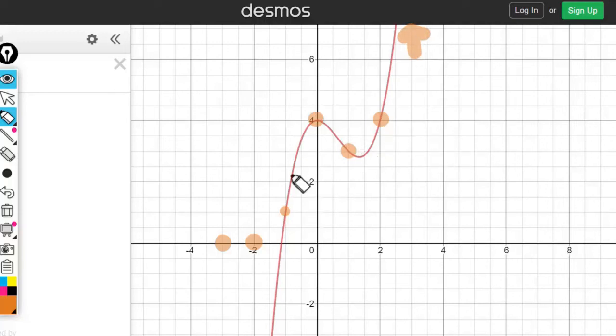So those values have given us a good idea of the key part of this function. The key part of the cubic function is where we have this whoop-de-doo in the middle, and that it increases as we continue increasing x. This function continues to increase up and to the right, and it continues to decrease down and to the left.